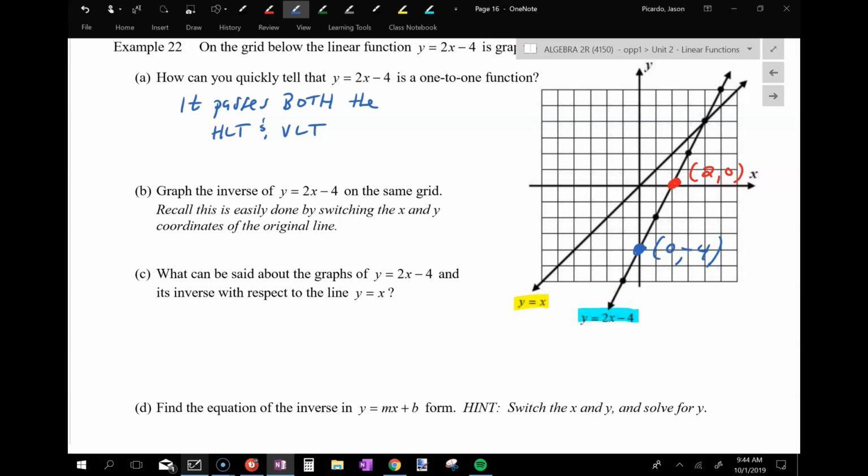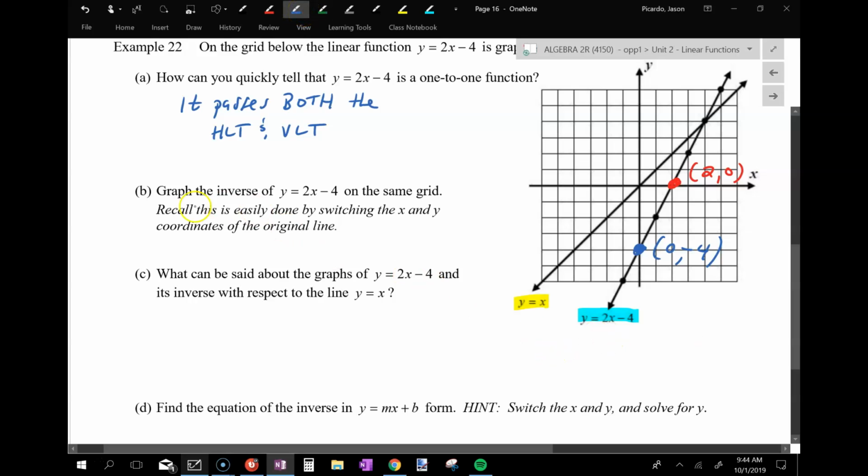So all I want to do is that I know on the original graph, I have these 2 points. I have the point 2, 0, and I have the point 0, -4.